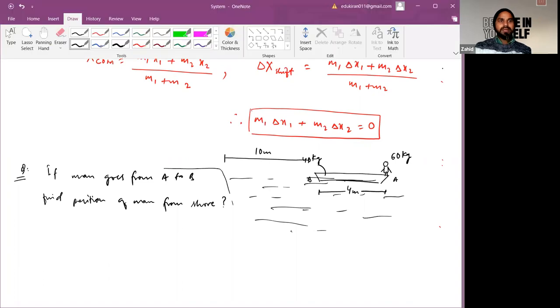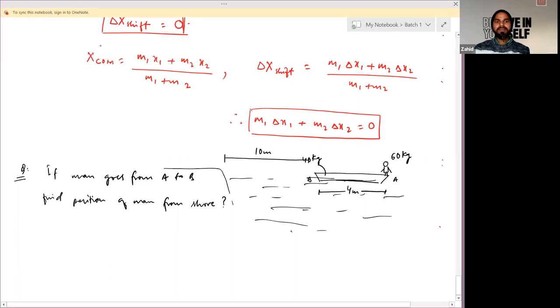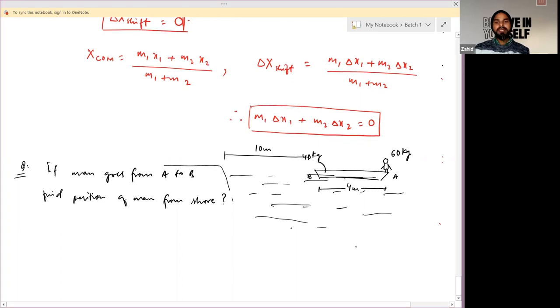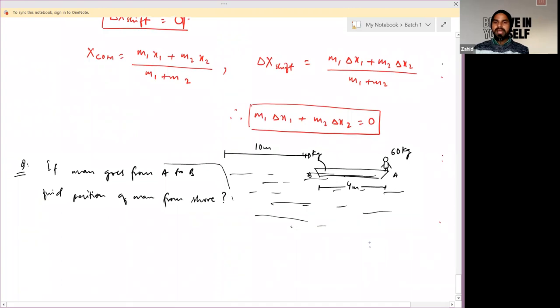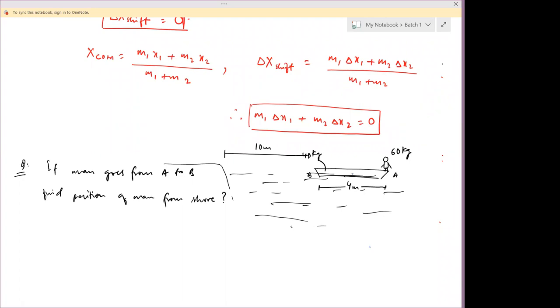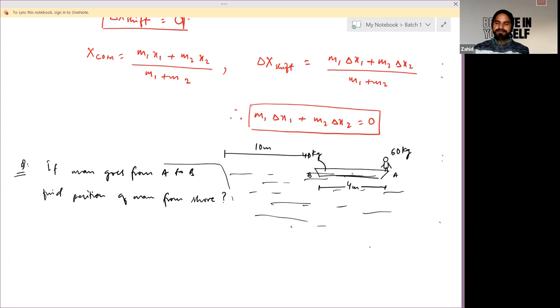Now let me explain how to approach this type of problem. So first, try to analyze: is there any external force acting on this man and boat system? Hamza, is there any external force acting on the man or boat system? No, sir. Okay, so you'll say no, there is no external force.